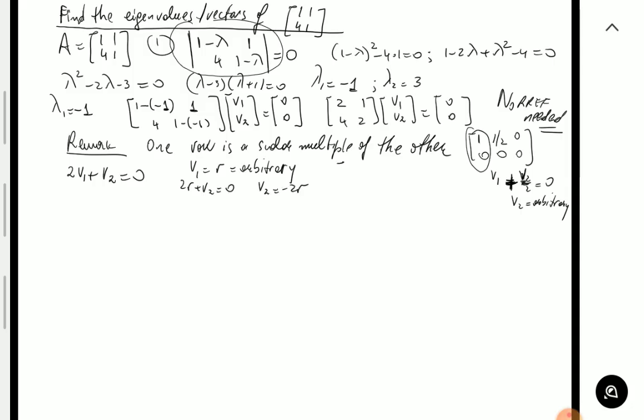Therefore, a typical eigenvector corresponding to this particular eigenvalue will be in the form R, minus 2R. If you look carefully, it's just a scalar multiple of (1, -2). So it's customary to pull out that scalar multiple and choose it as one representative of the eigenvectors, because for each eigenvalue you have what's called an eigenspace.